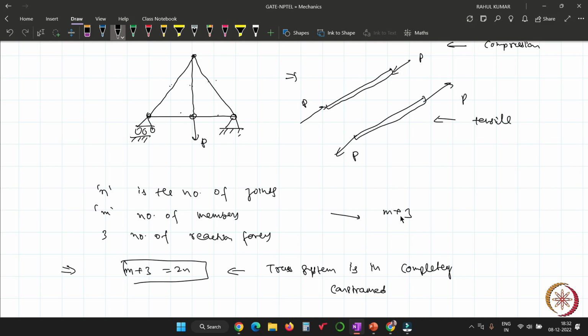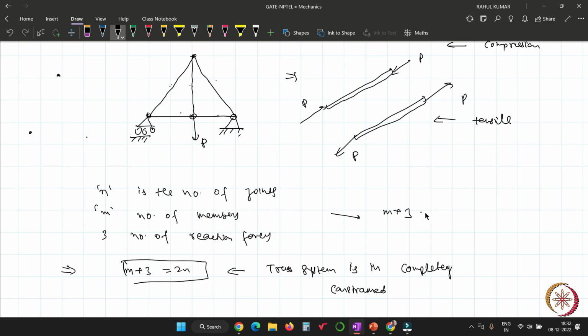And at each joint, if you separate each joint, then you can apply only two force equilibrium equations. So if there are n joints, then you will have 2n equations.